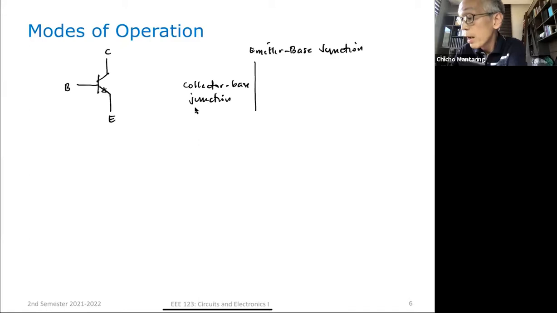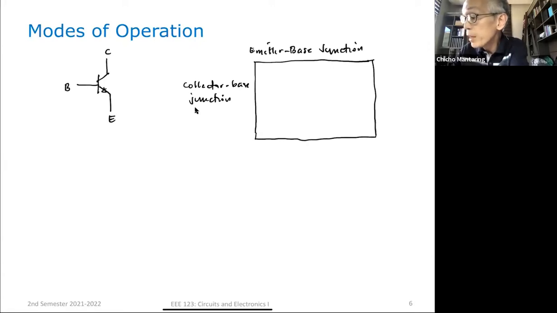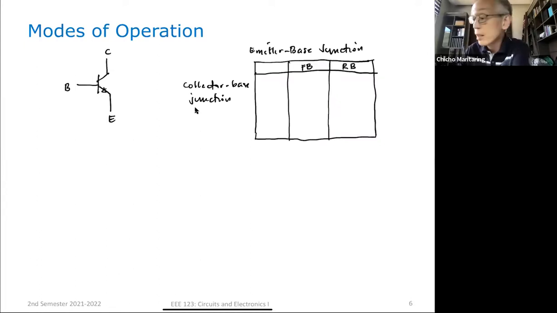I have four possible combinations. Your emitter base junction can be forward biased or reverse biased. Same thing with your collector base junction: it can be forward biased or reverse biased.